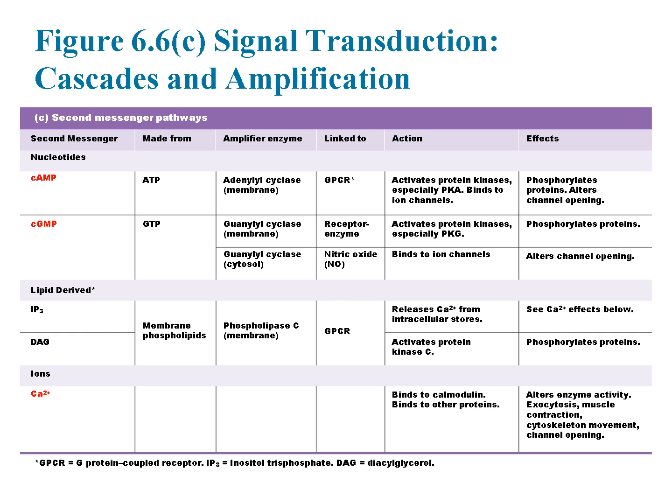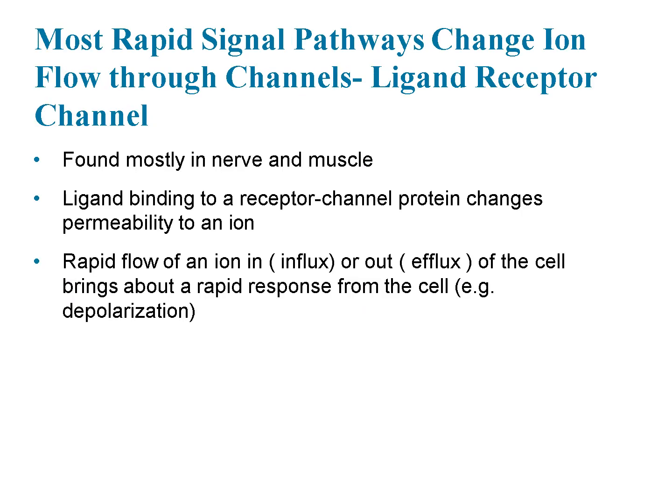with precision and efficiency. One of the fastest ways that cells generate a response is by altering the flow of ions through ligand-gated ion channels, also known as receptor channels. These channels are particularly important in excitable tissues, such as nerves and muscles, where rapid signaling is essential.